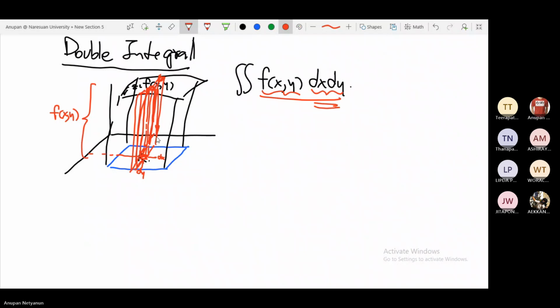After that, if you do the integration with respect to y, once for each fixed y you get a row of poles.